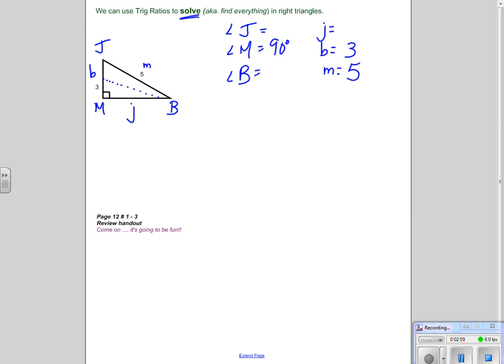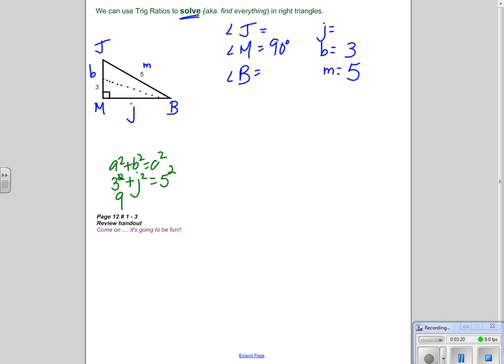Let's start with the Pythagorean theorem and find side J. The Pythagorean theorem is a squared plus b squared equals c squared. So for this particular problem, we have 3 squared plus j squared equals 5 squared.